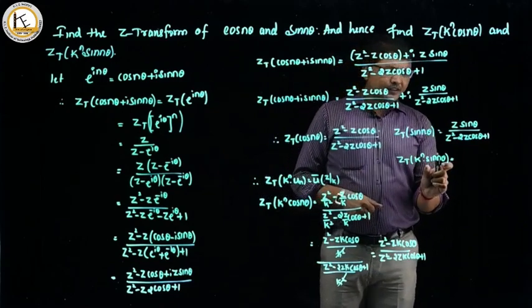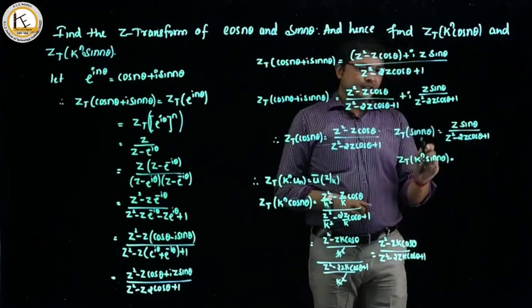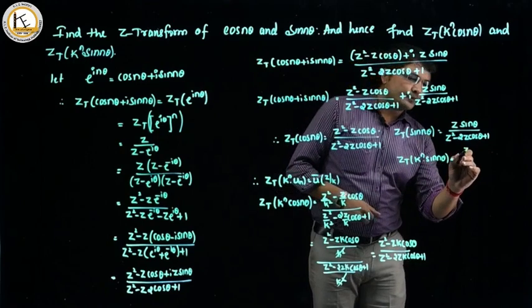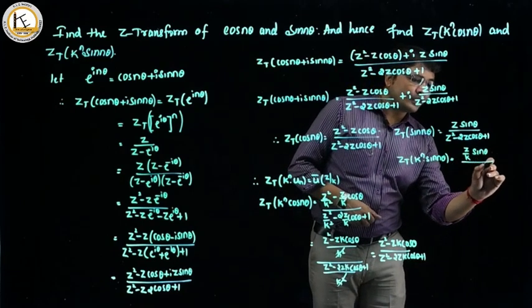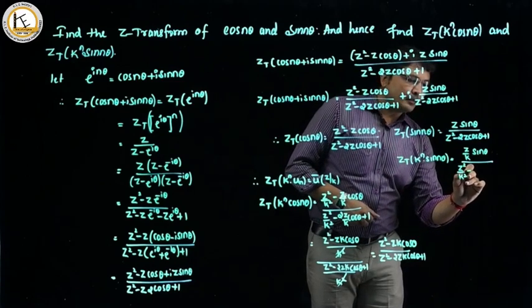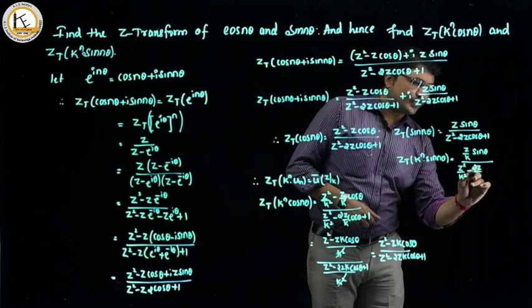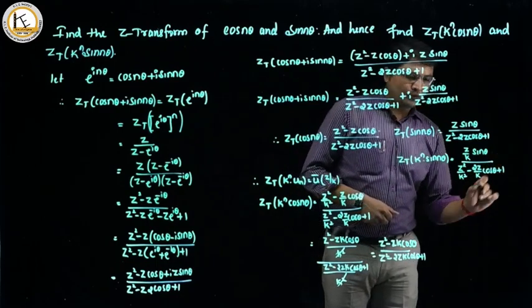So here we just replace z as z by k in this answer. So we have z by k into sin theta divided by z square by k square minus 2 into z by k into cos theta plus 1.